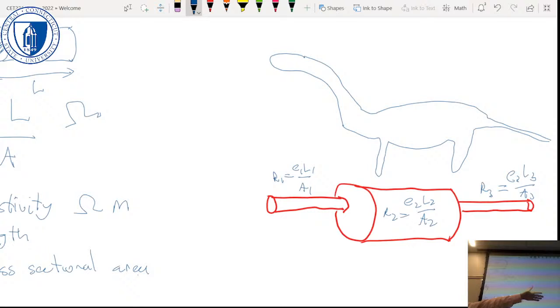Anybody know the conversion from Fahrenheit to Celsius or the other way? Anybody got the numbers? Where are the degrees Celsius equal to the degrees Fahrenheit? Minus 40. Minus 40 Celsius is the same temperature as minus 40 Fahrenheit.